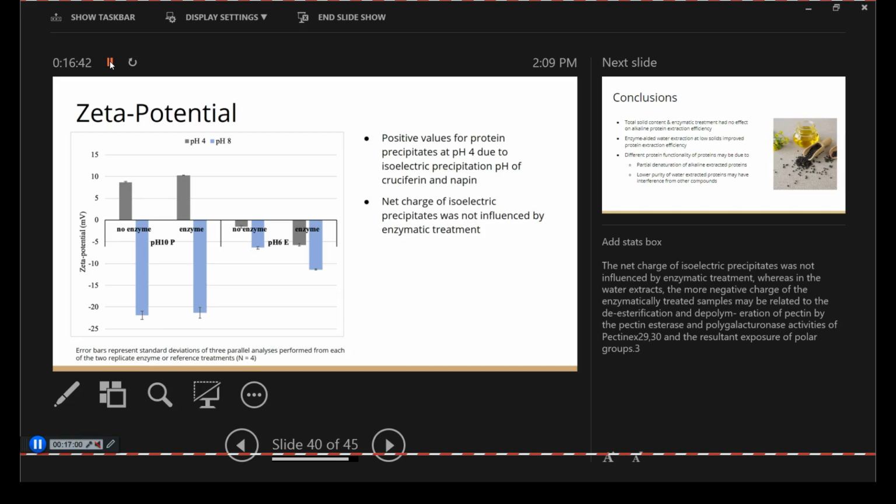Then looking at the zeta potential, this matches the same trend that Jason talked about, that at pH 4 there seemed to be a positive charge on the proteins, and then we saw a more negative charge for the pH 10 precipitates at pH 8 compared to the protein extracts at pH 6.